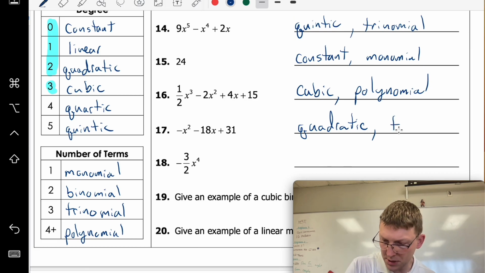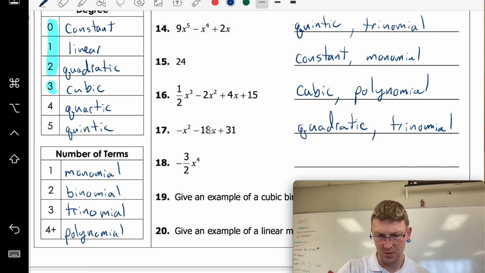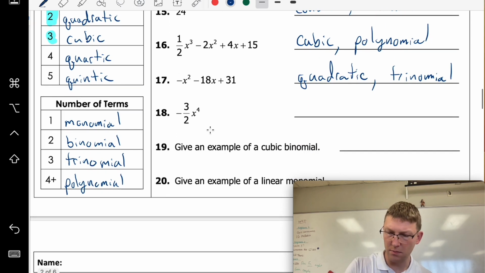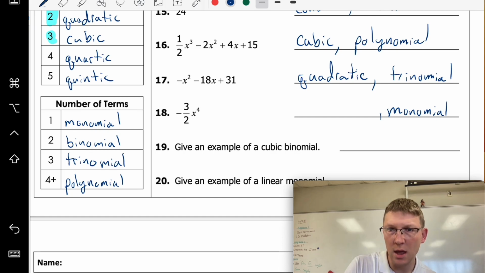There are 3 terms, so it's a trinomial. And then 18 is going to be another monomial. And because it's the 4th degree, it's going to be quartic.